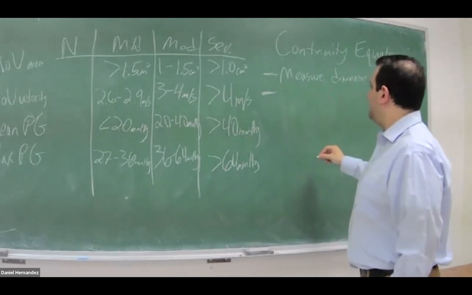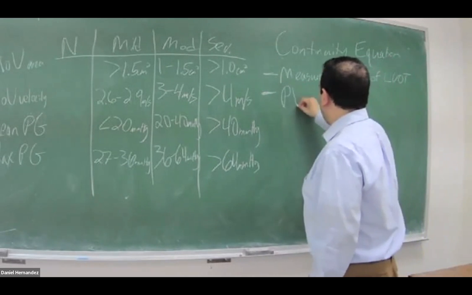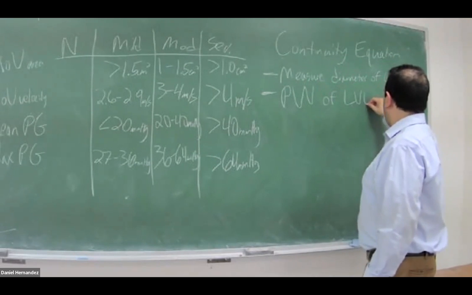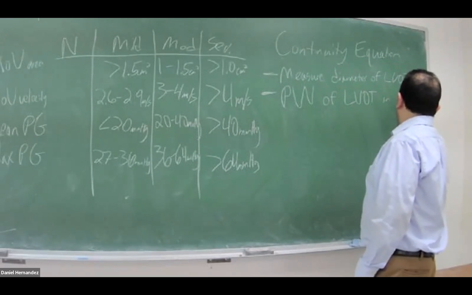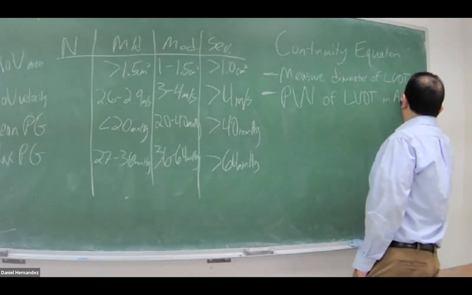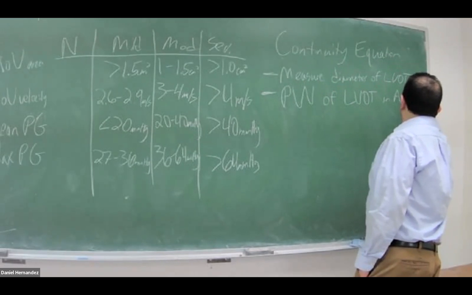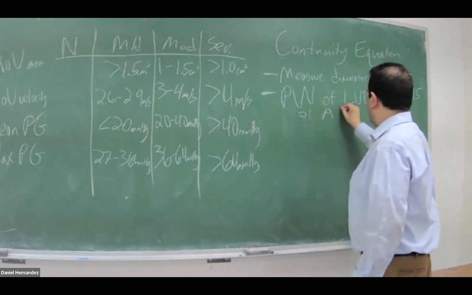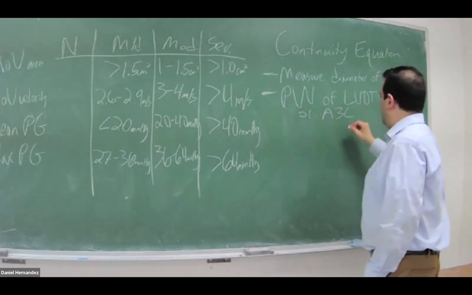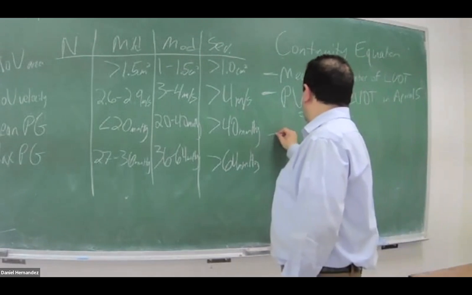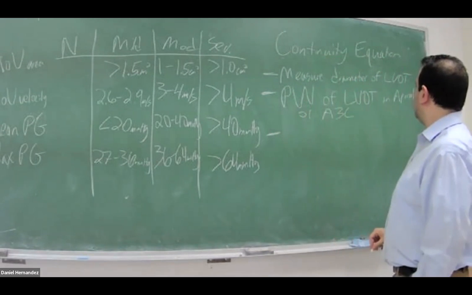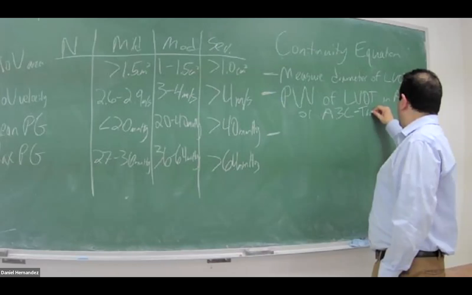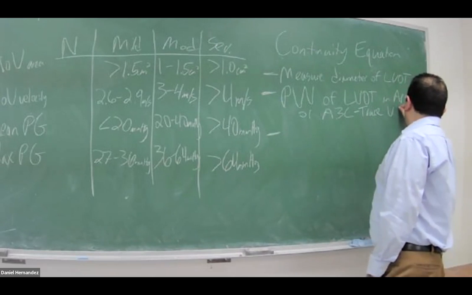The next thing we're going to do is PW, pulse wave, of the LVOT, either apical 5 or apical 3 chamber, and then trace the VTI.